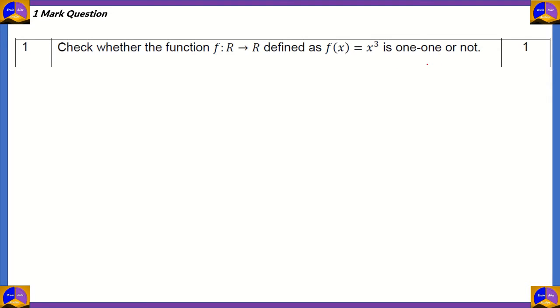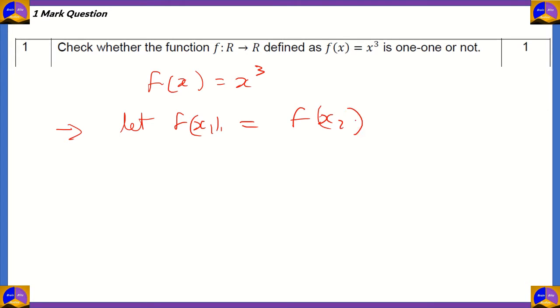So how do you prove this relation? In this function, f(x) is equal to x cubed. In order to prove whether a function is one-one or not, we let f of x1 equal f of x2. And when f of x1 is f of x2 and x1 is equal to x2, then we can say that the function is one-one.